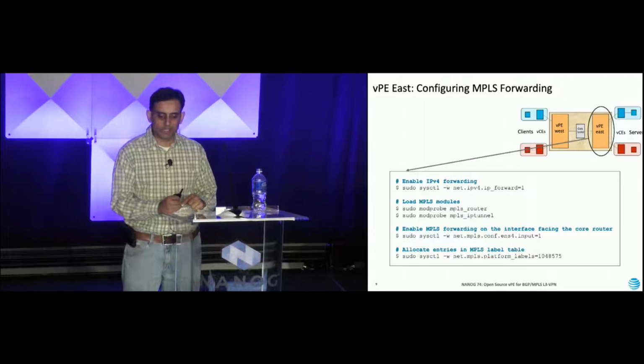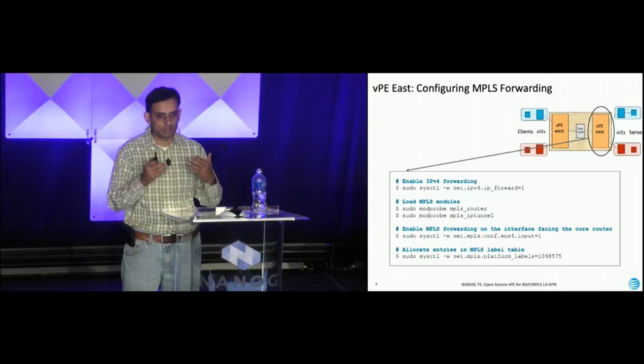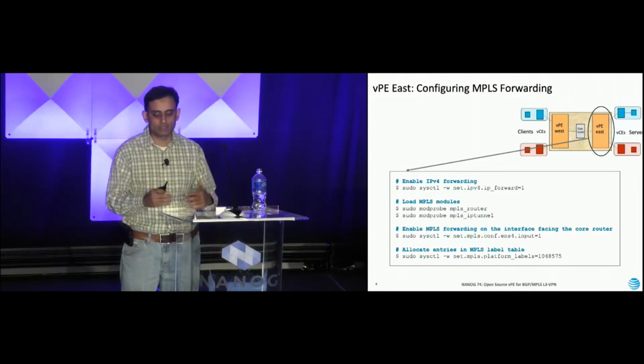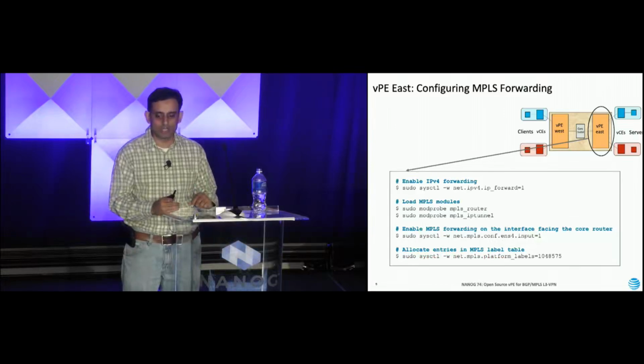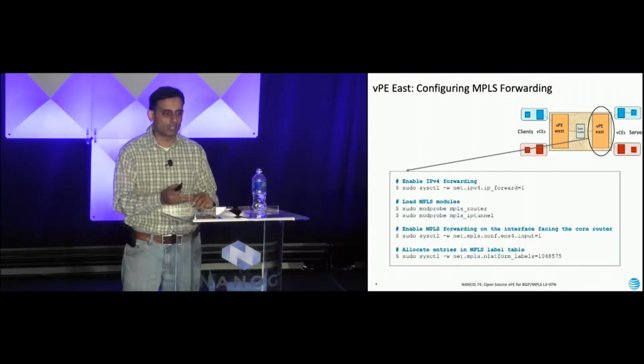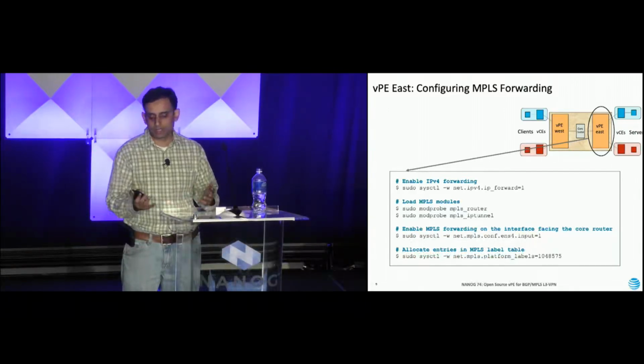This first slide shows how you enable MPLS forwarding on Linux itself. These are the set of commands that we need to run on every box to enable MPLS forwarding. Here I am showing them for VPE East, but similar commands were run on the other two boxes. The first command is to enable IPv4 forwarding.